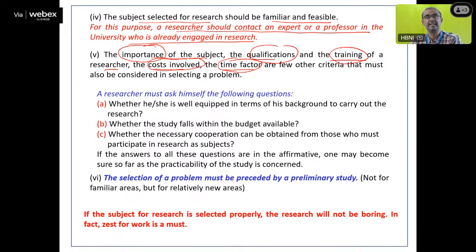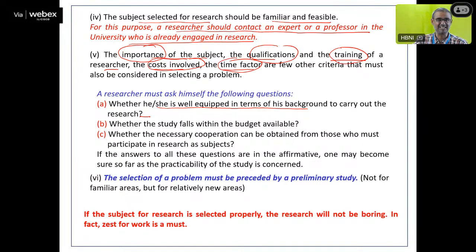So all this should be taken into consideration while proposing the research problem. A researcher must ask himself the following question. Okay. And after this, one should ask himself whether I am equipped in terms of my background to carry out the research. Okay, I am a person in biology.